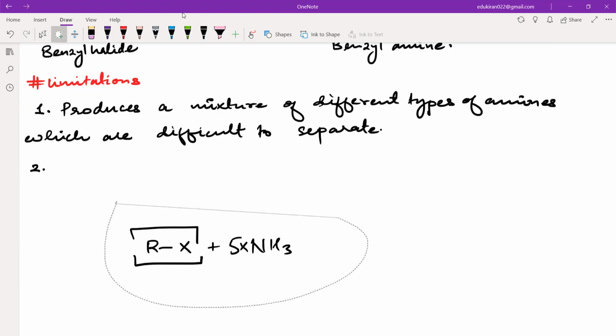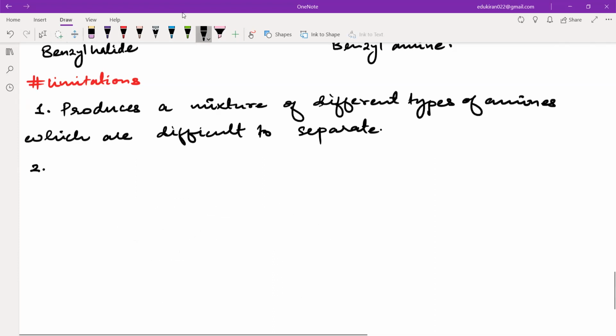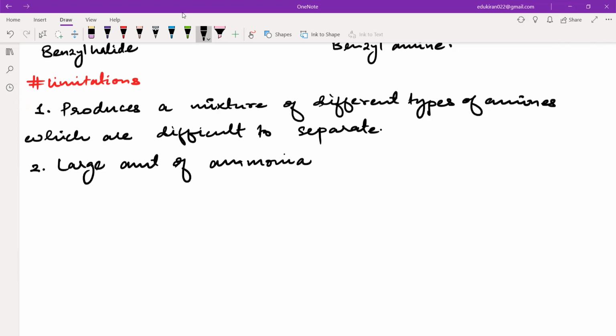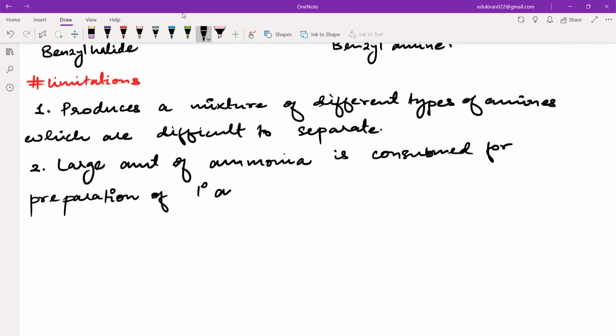So next is that a large amount of ammonia is consumed for preparation of 1 degree amine. Okay, for preparation of 1 degree amine.